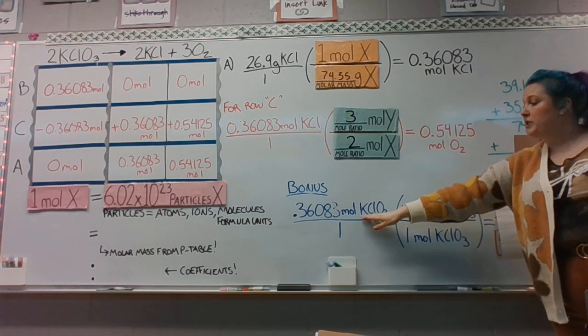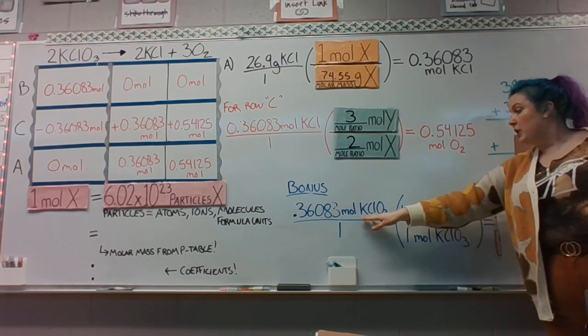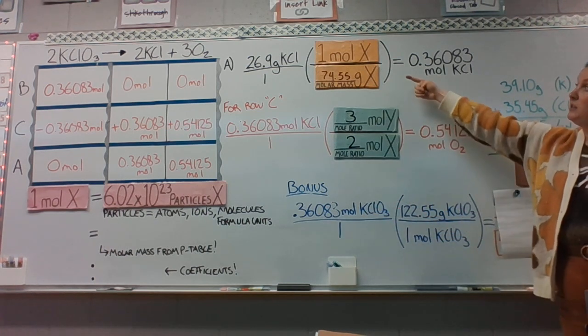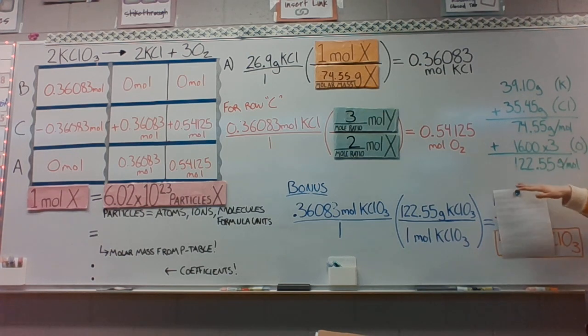We're starting with moles of KClO3. We need to find grams of KClO3. So moles on top, moles on bottom. We're going to be using the molar mass conversion factor. So that means we also need to calculate the molar mass of KClO3. So K and Cl plus 3 oxygens is 122.55 grams per mole. That is what goes on top because we're trying to get to grams.